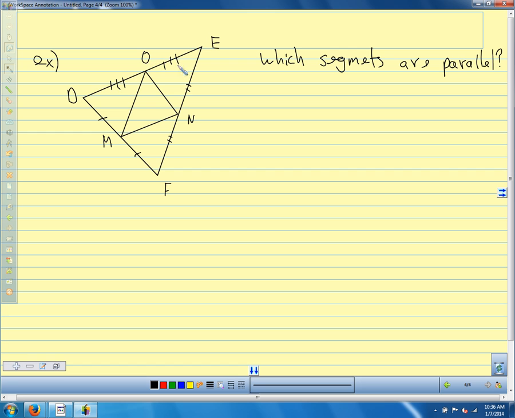So because these two segments are congruent, what does that tell us? Where is point O on this segment? It's the midpoint. Where is point M on this segment? Since these two are congruent, it's the midpoint, it's in the middle. Same thing here. So what kind of segments are these three, where the ends are in the middle of two sides of the triangle?